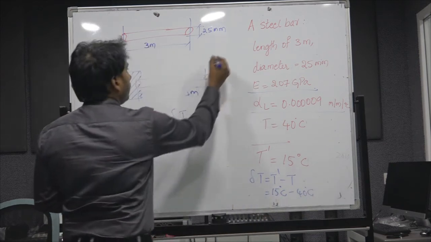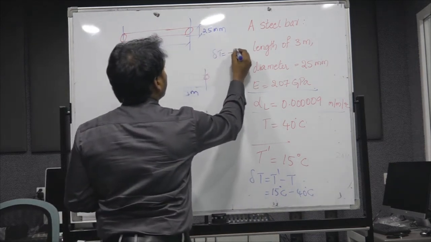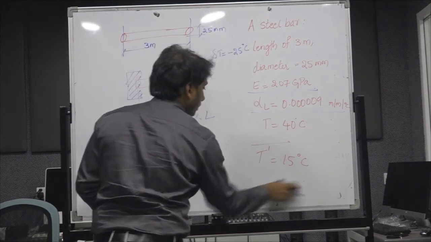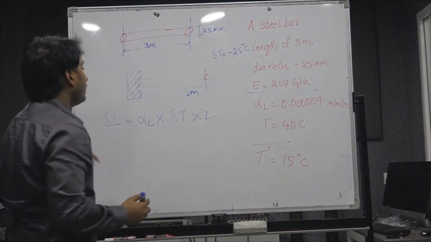So the delta T is minus 25 degrees centigrade.